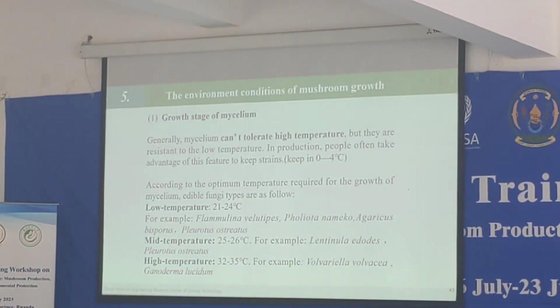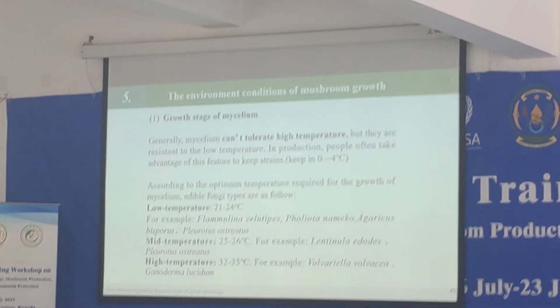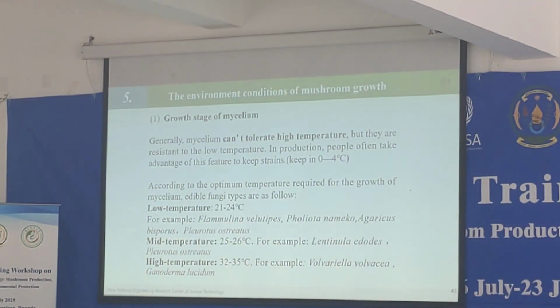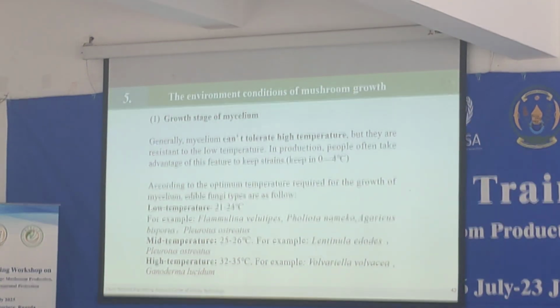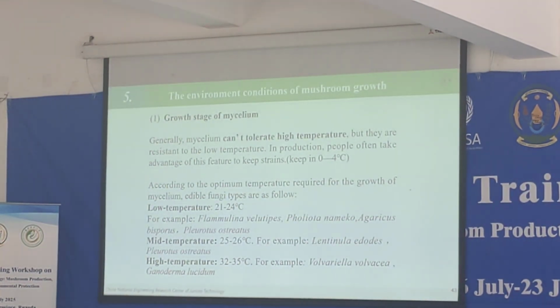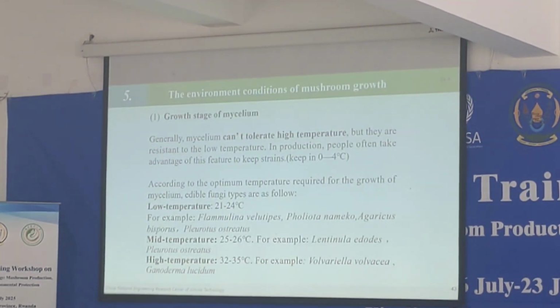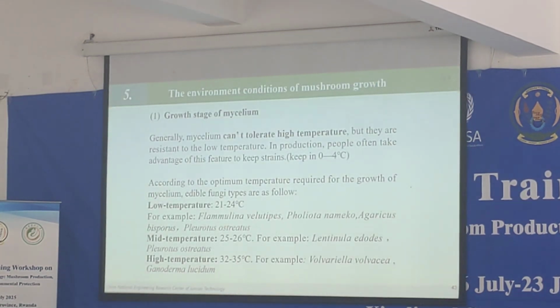According to the optimum temperature requirement for mycelia growth, edible mushrooms include the low temperature type, like 20 degrees, the Flammulina velutipes and Agaricus, and the Pleurotus oyster mushrooms, which grow at low temperature.